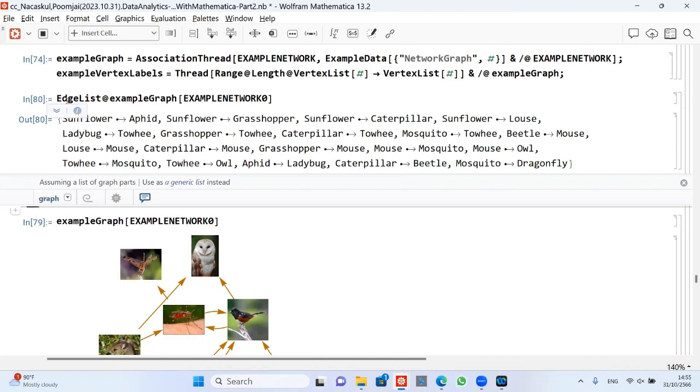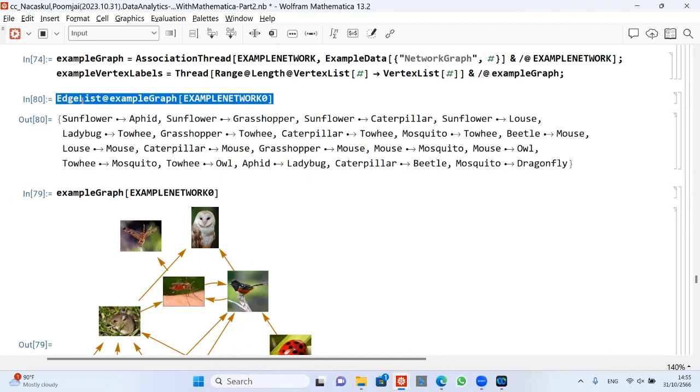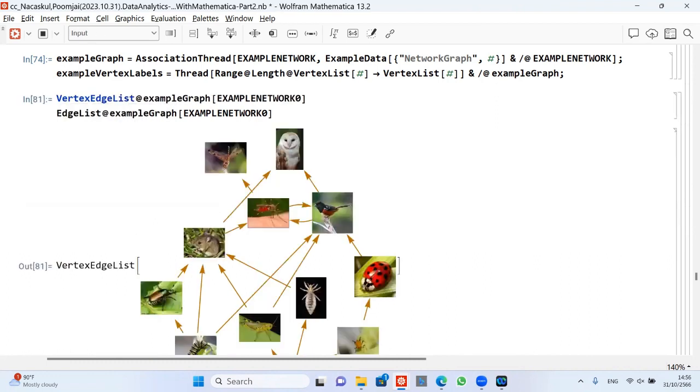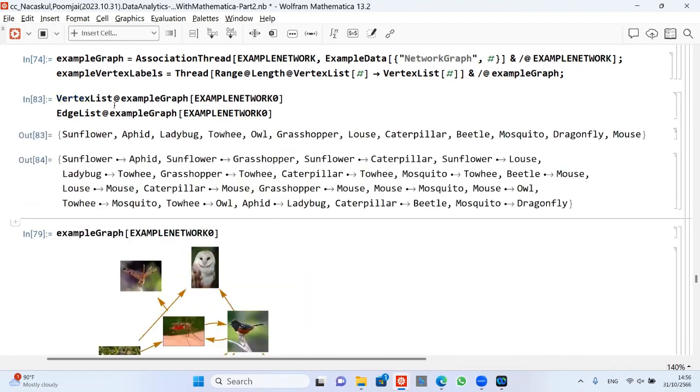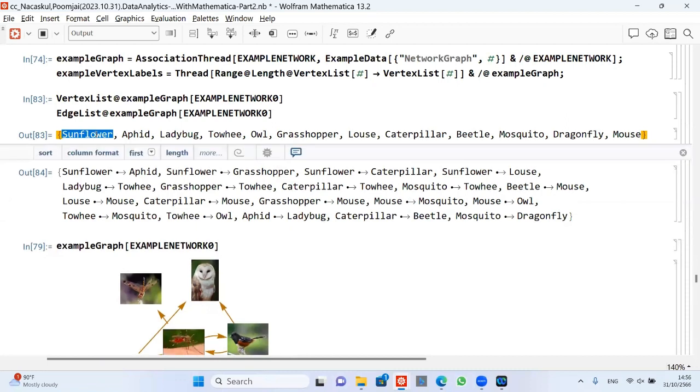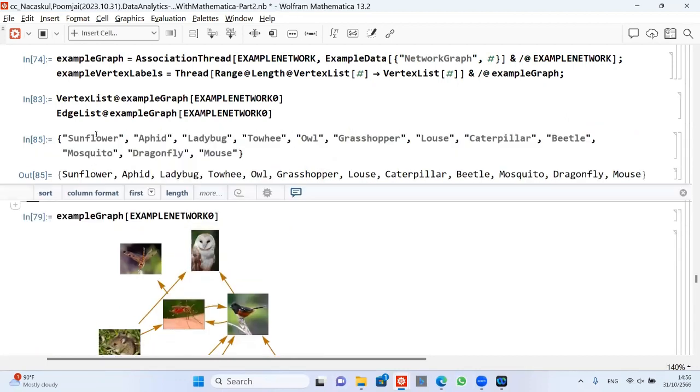What if I just want to look at the vertices? Well, I can do that. Use vertex list. Okay, so these are the animals. Sunflower, well, plant. Aphid.